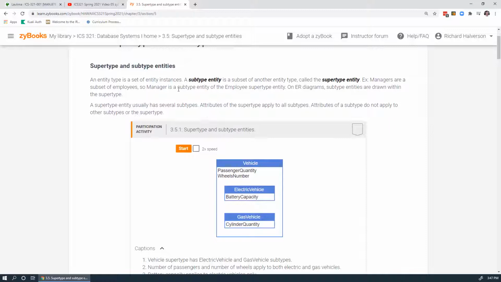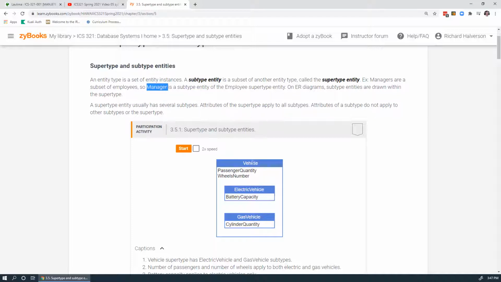You know, a manager is a subtype of an employee. You have to be an employee, but then some employees are managers. So the supertype is the employee, and the subtype is the manager.